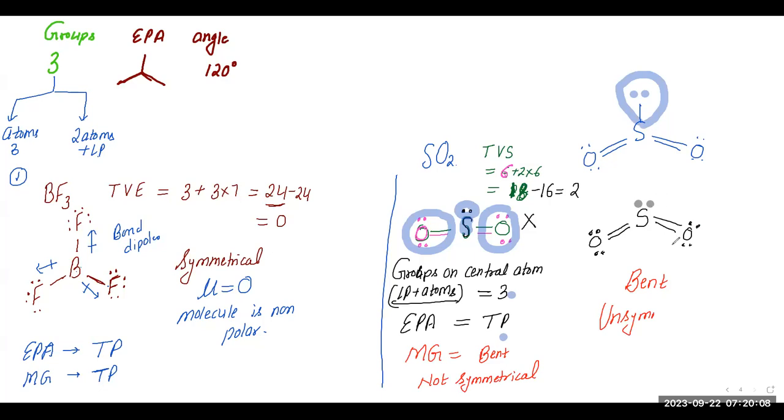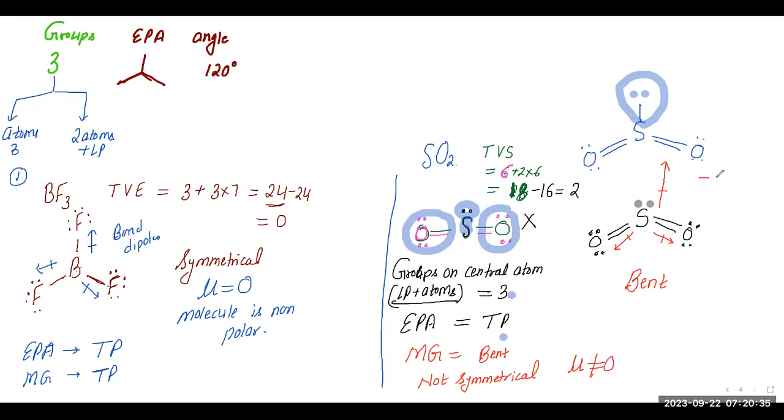So unsymmetrical, we can say, because all the three groups are not identical, right? So there is a dipole here due to lone pairs. They also exert a dipole, big dipole here. And there are two dipoles here due to oxygens. So all the dipoles are not exactly same. So the net dipole moment is not equal to zero, right?